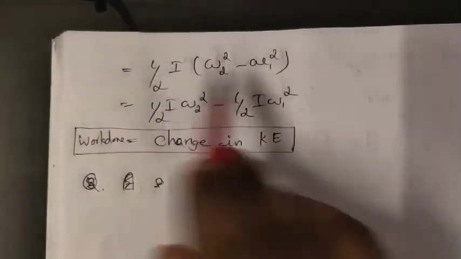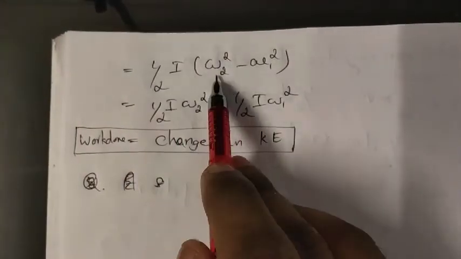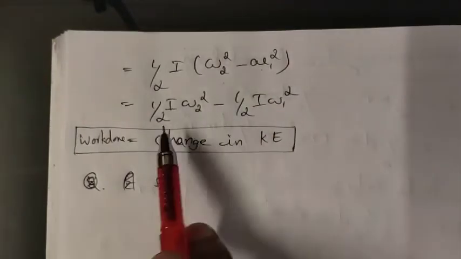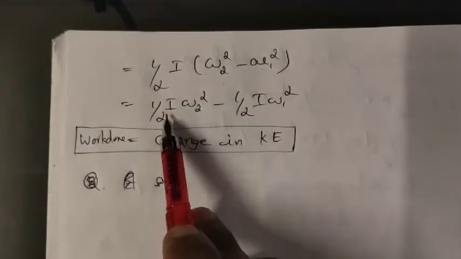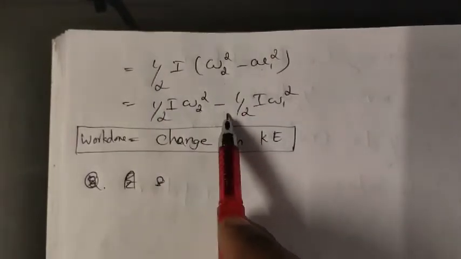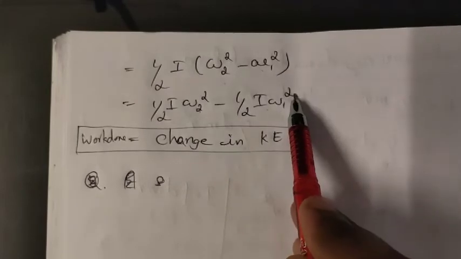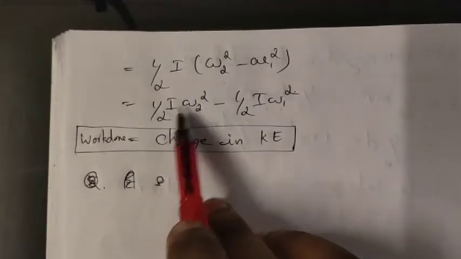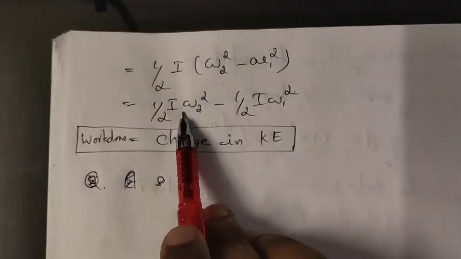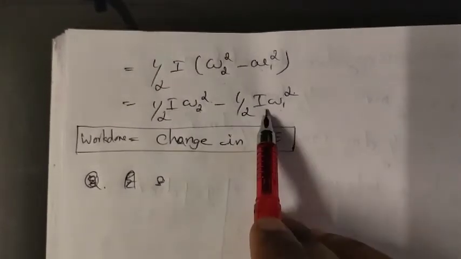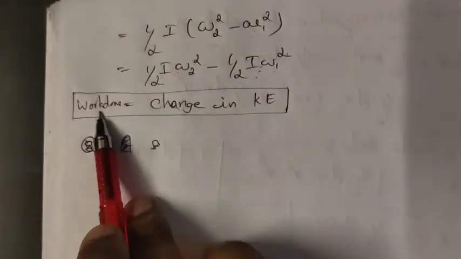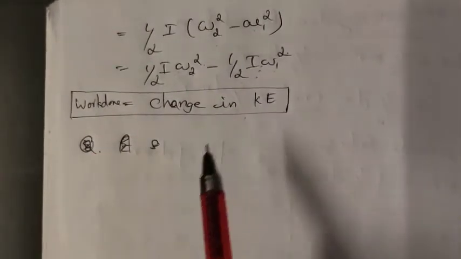Substituting the limits, this is half I omega 2 square minus omega 1 square, that is half I omega 2 square minus half I omega 1 square. Half I omega square is kinetic energy, so this is the final kinetic energy and this is the initial kinetic energy. The difference between these two is the change of kinetic energy. So work done is equal to change of kinetic energy.